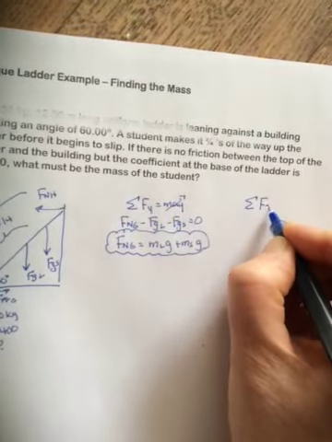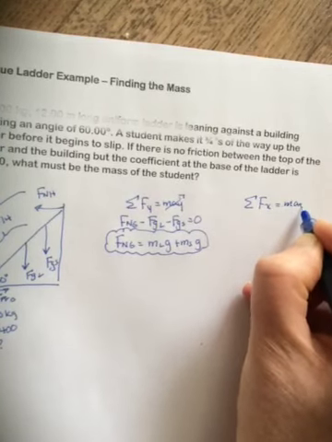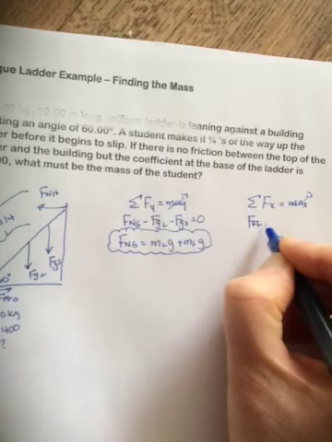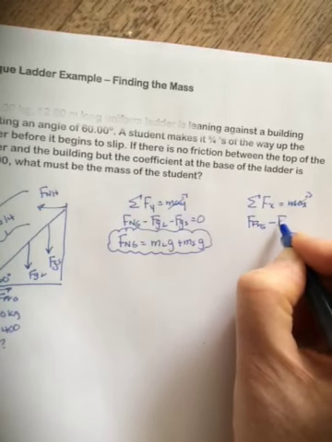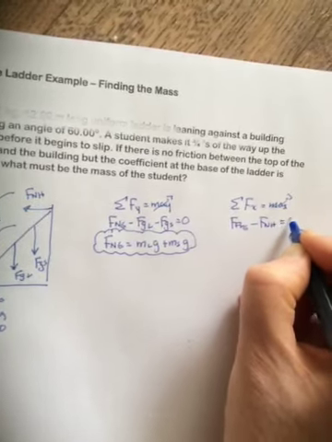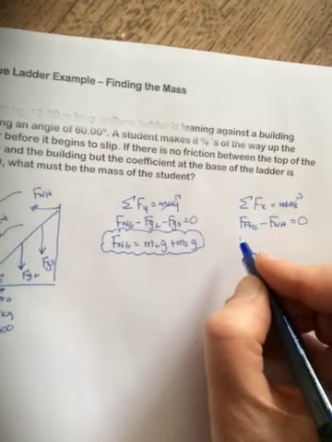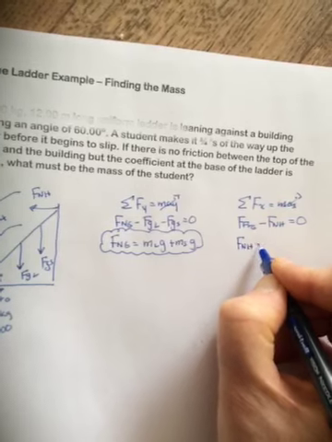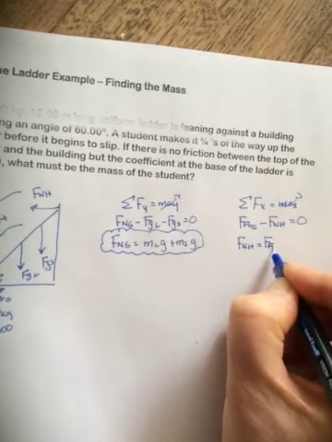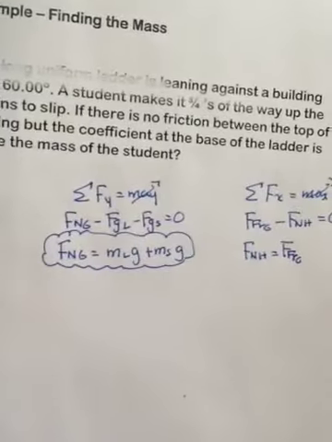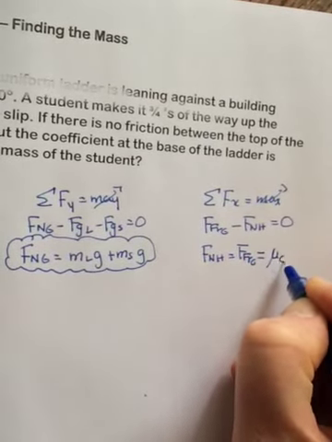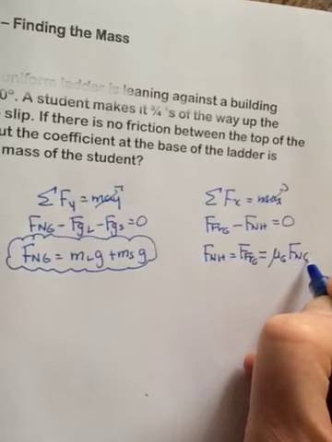Sum of the forces in the x direction is equal to MAX, which is 0. And again, there's two: there's friction on the ground minus normal of the house equal to 0. Okay? And so that means that the normal of the house is equal to the friction on the ground. And we know that friction is equal to mu ground, Fn ground.